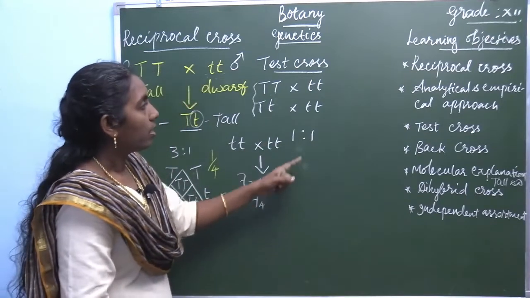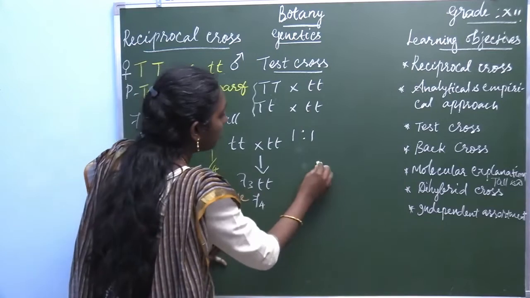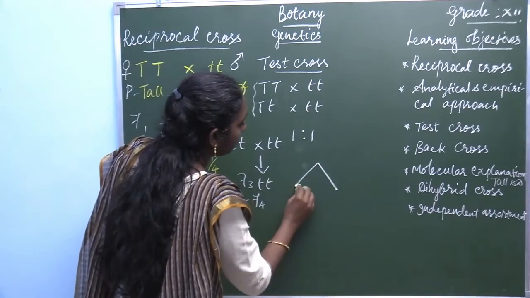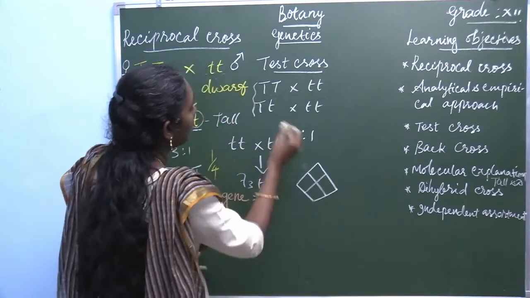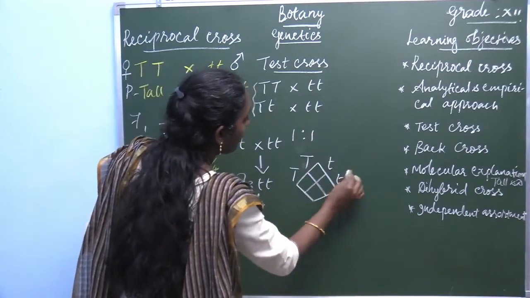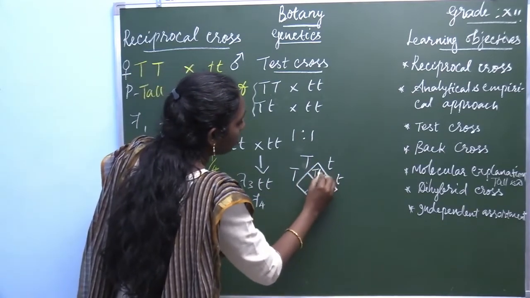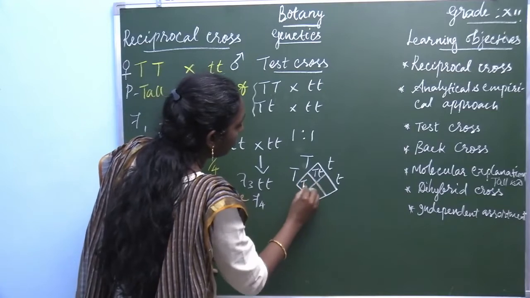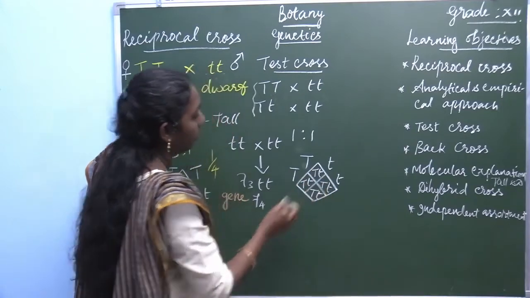Let us calculate it analytically using a checkerboard. Here capital T capital T, when you make a cross with small t small t, it gives capital T small t, capital T small t, capital T small t, capital T small t.